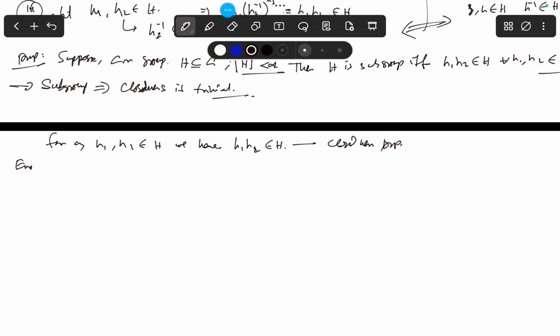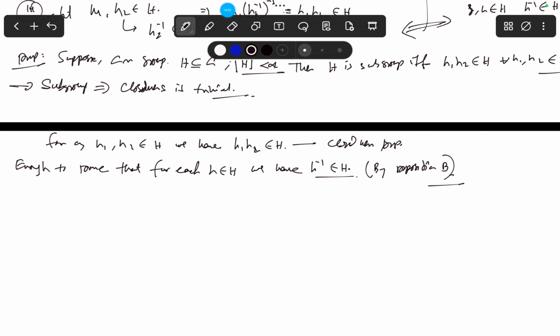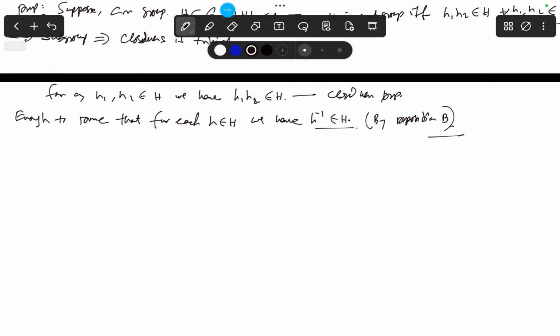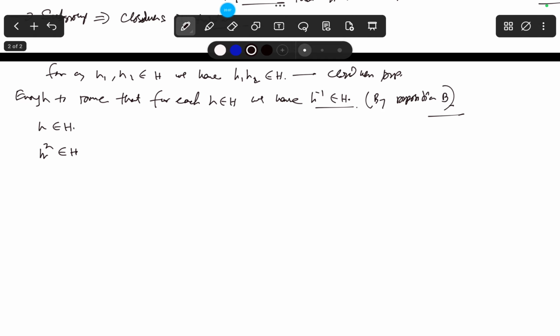So it is enough to prove that for each h in capital H, we have h inverse in capital H. That is by proposition B. First of all, let us consider h belongs to capital H. Then h square must belong to capital H. So what is h square?